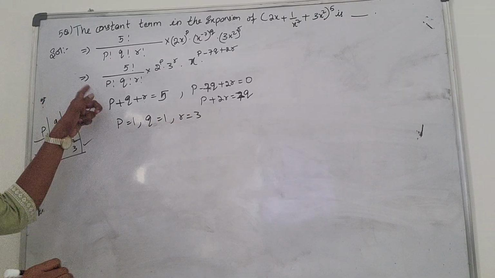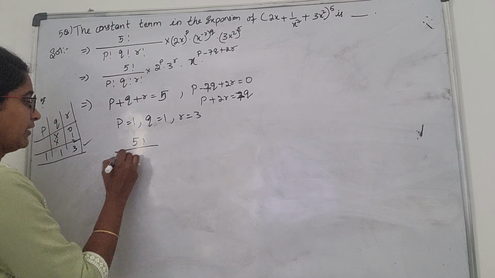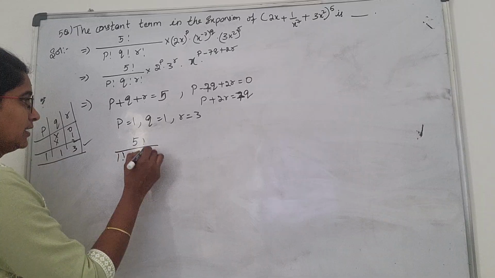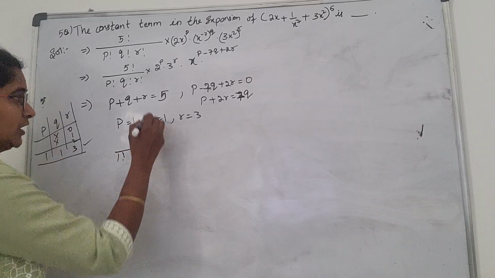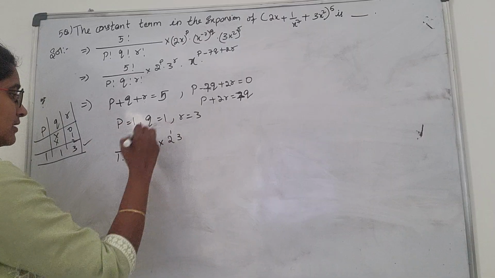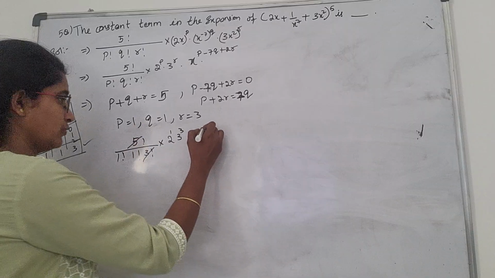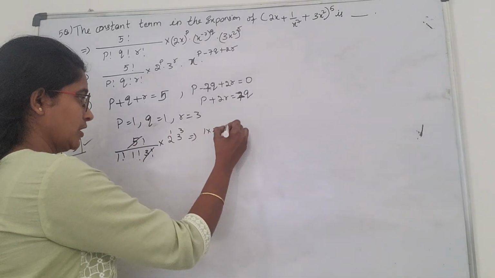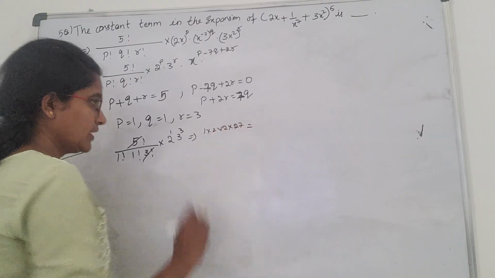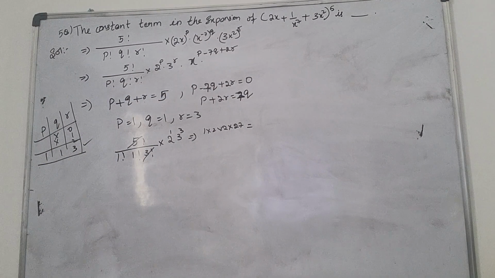Now I'm going to substitute in this and find the value. 5 factorial by 1 factorial, 1 factorial, 3 factorial into 2 power of p and r. p is 1 factorial and r is 3 factorial. So what is my answer? If 3 gets cancelled here, 2, 1 into 2 into 27.